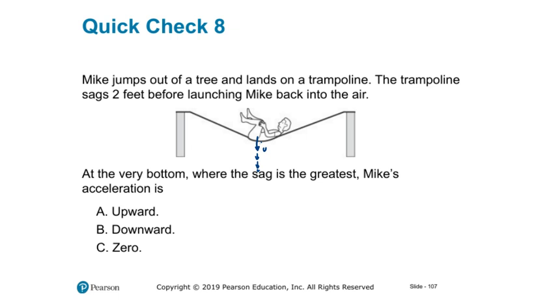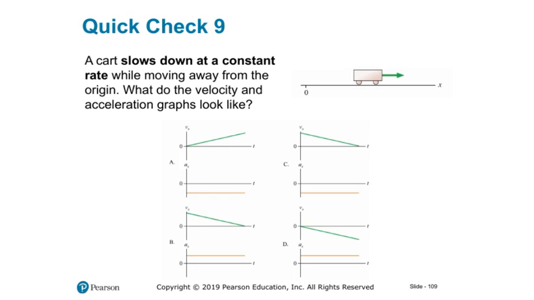This person is jumping on a trampoline at the minimum down position. Let me read it. At the very bottom, where the sag is the greatest. That means you're going down, still pushing down with your velocity, but your velocity is decreasing, right?